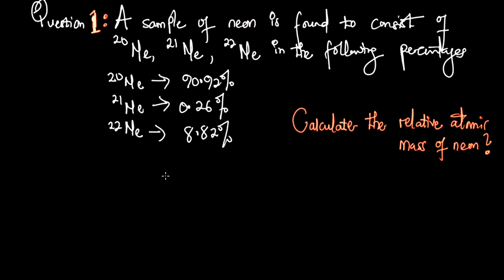Alright, so let's solve some questions. A sample of neon is found to consist of these isotopes in the following percentages. Calculate the relative atomic mass of neon. The first thing you need to take note of is the formula for calculating relative atomic mass.